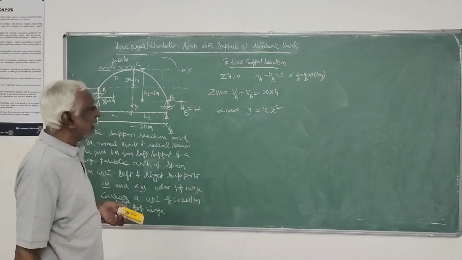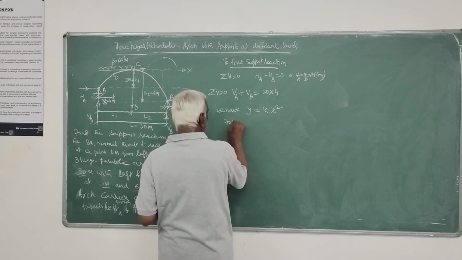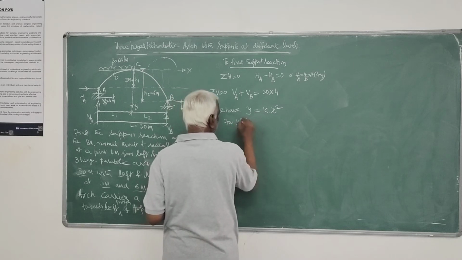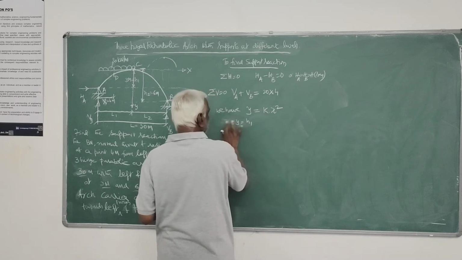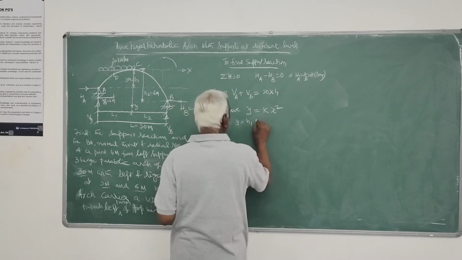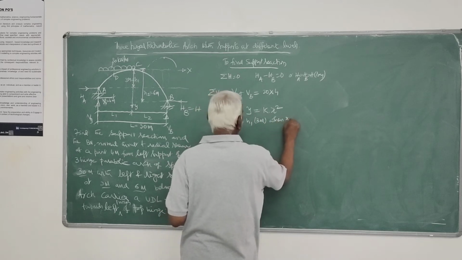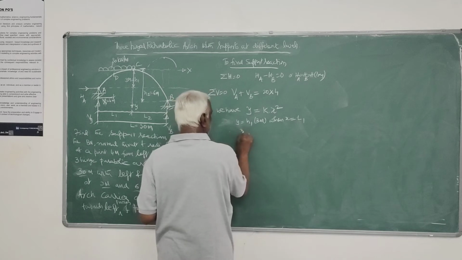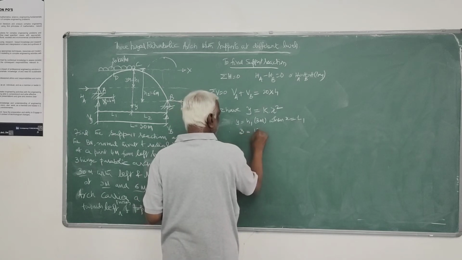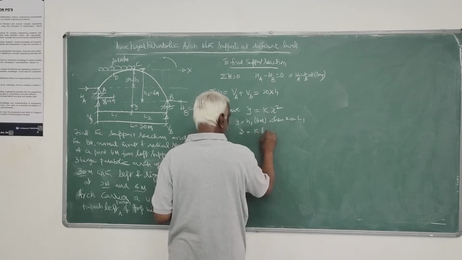For y equals H1, which is 3 meters, x is equal to L1, therefore 3 equals k into L1 square.